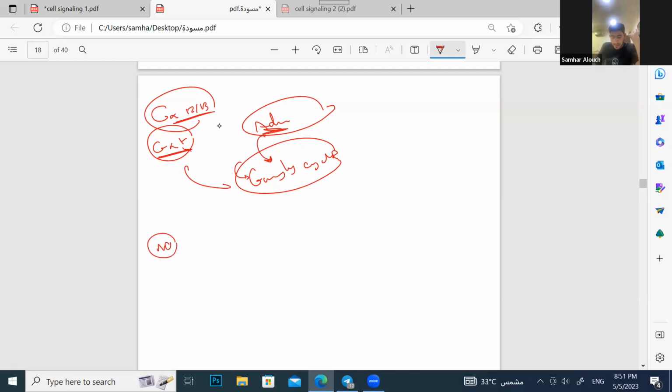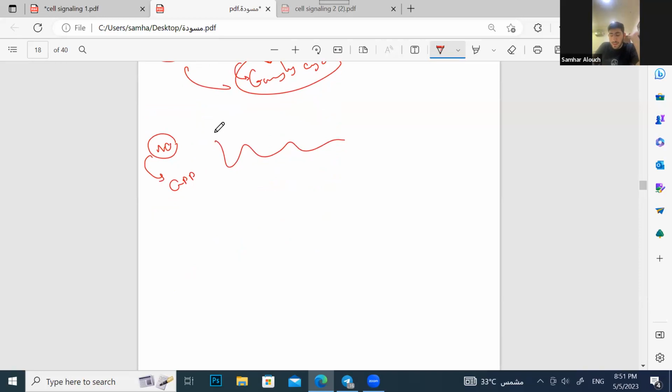Nitric oxide is the ligand that binds to the G protein coupled receptor, the 7-alpha helical thing. It causes the association of G alpha T or G alpha 12 over 13. Now, G alpha T or G alpha 12 over 13 doesn't activate adenylyl cyclase, it activates guanylyl cyclase.